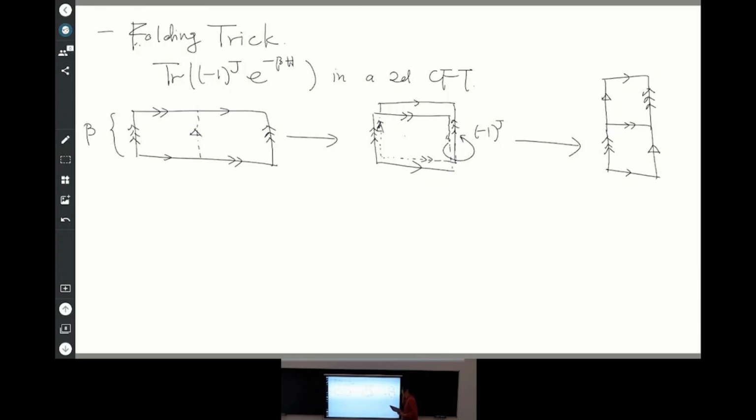So I can apply the idea of thermal effective theory again, here in this new geometry, where I have a spatial slice with length L over 2, but a thermal circle with length 2 beta. So the spin refined partition function will be.